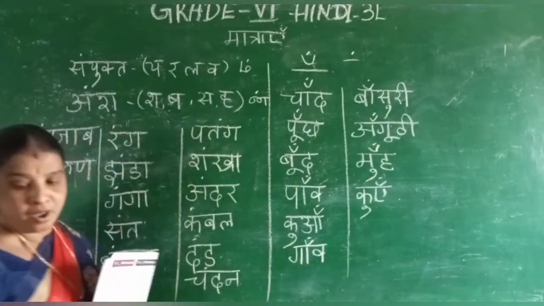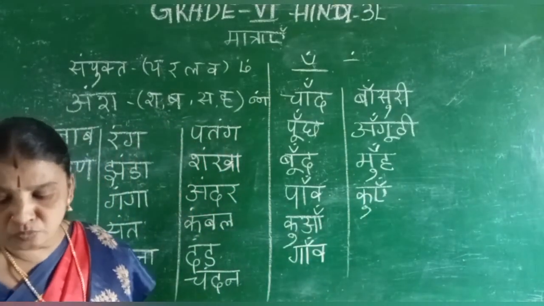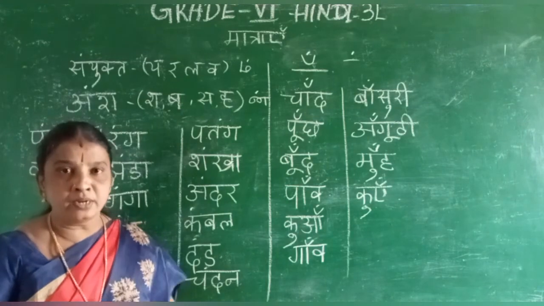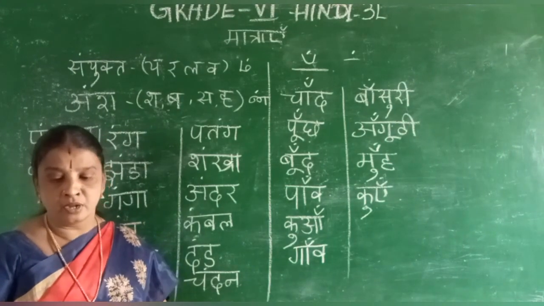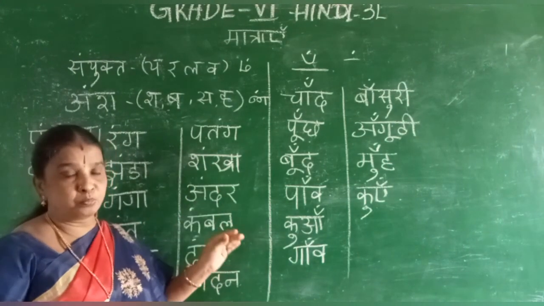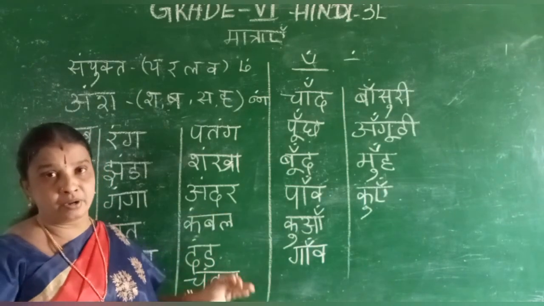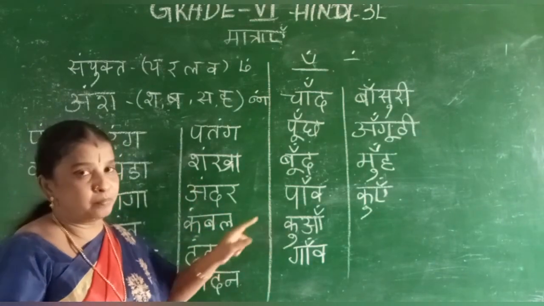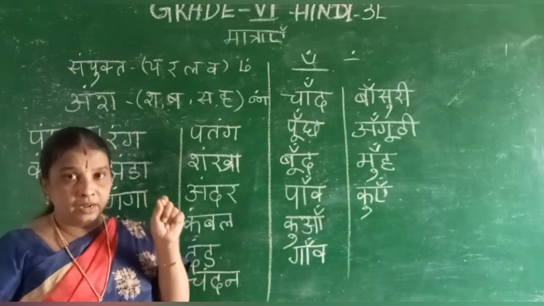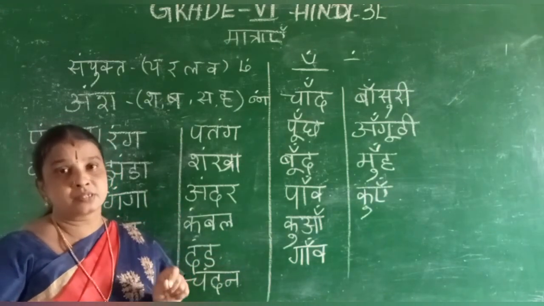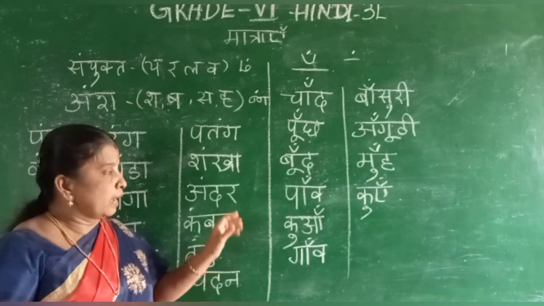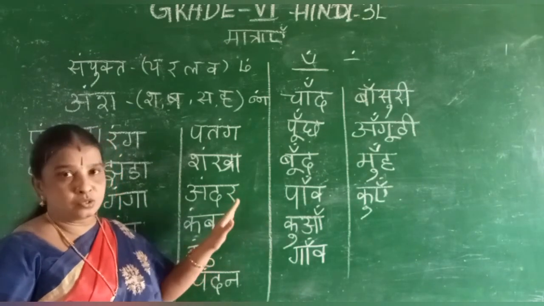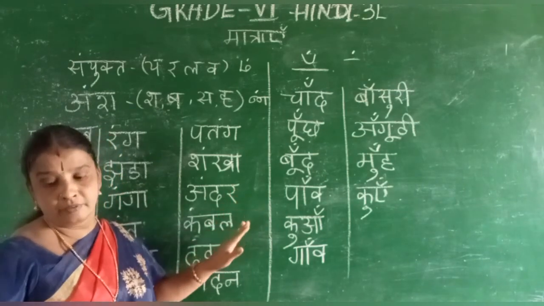Now is it clear? After this video, I will give a classwork in our Google Classroom PDF on the rules, especially this main thing of our reading: the Bindu, the dotted letters and Chandra Bindu. So you must write in your notebooks. And I hope you understood this class in our book also.